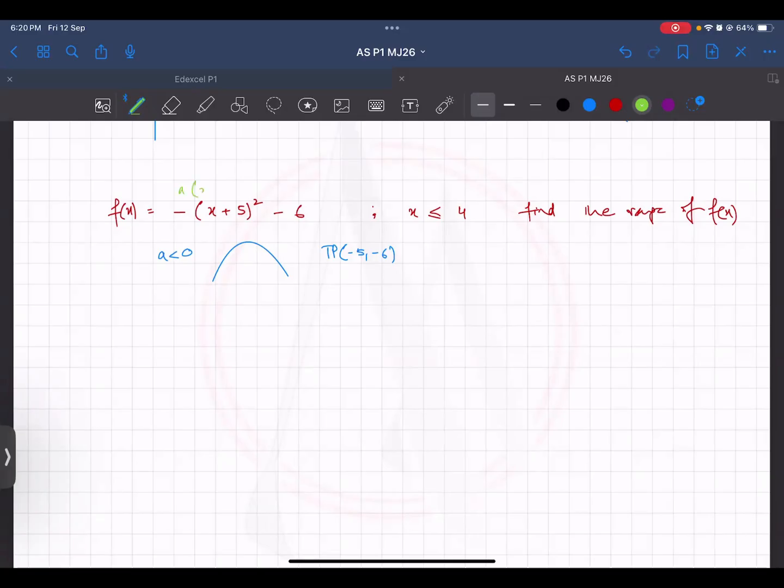So a(x minus h) whole square plus k, right? So if you compare this, minus h is equal to 5. So h would be minus 5. And k is equal to minus 6.